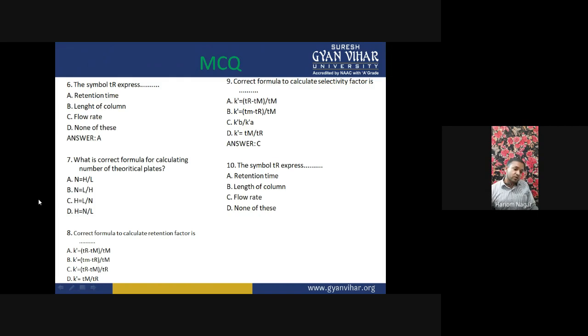Okay, so this option is not correct, and option B is N equals L upon h. So if we divide the length of the column by the height of each theoretical plate, then we can calculate the number of theoretical plates. So option B is the correct option. The other options are not correct. Okay. Option B is the correct option. Right.